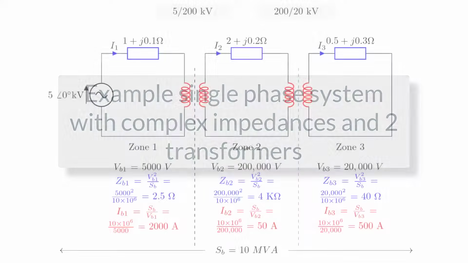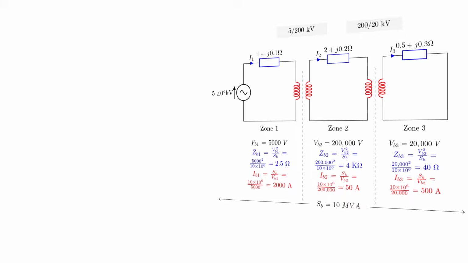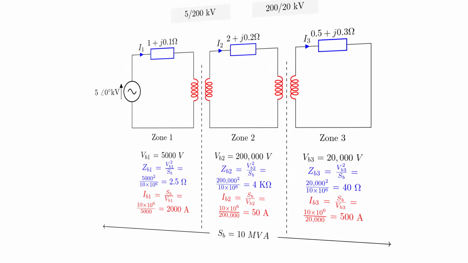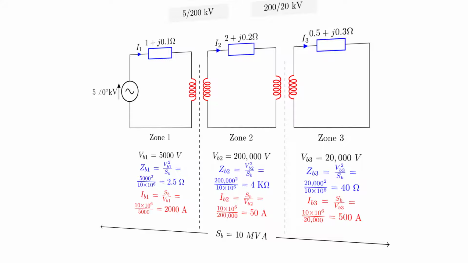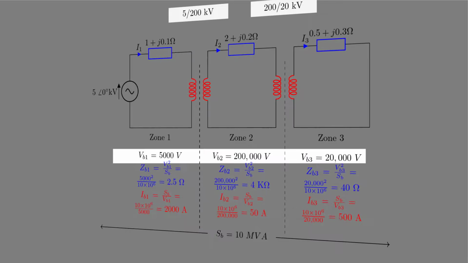This is a slightly more complicated example because we have two transformers and therefore three zones. But the method is exactly the same. As long as we follow through each step, we should get the correct answer. So first, we choose S base, then we choose the V base in each zone, making sure that we follow the transformer winding ratio and also thinking about a sensible value.